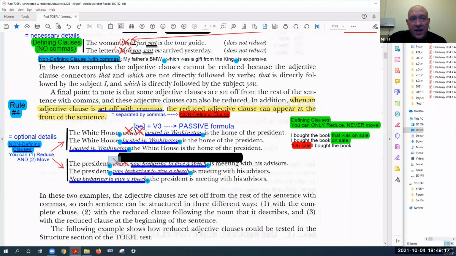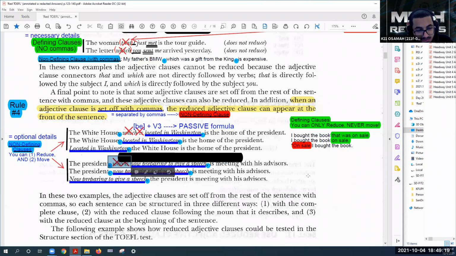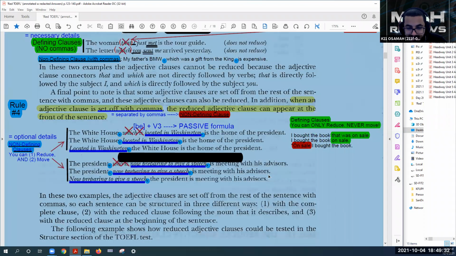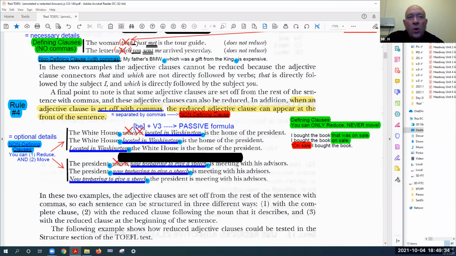There's a connector here, right? Yes. The president, who is now preparing to give a speech, is meeting with his advisors. Yeah, and why do we have commas here and here? Is this information necessary to be clear about this person?